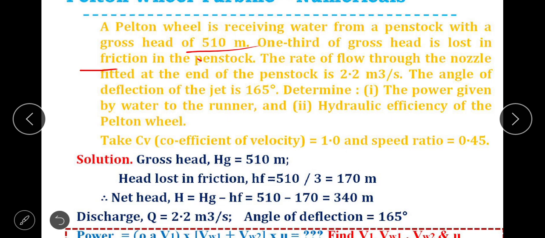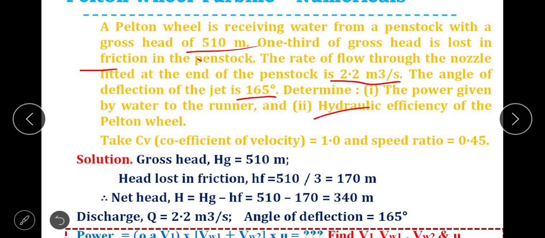The rate of flow through the nozzle fitted at the end of the penstock is 2.2 meter cube per second. The angle of deflection of the jet is 165 degrees. Determine the power given by the water to the runner, hydraulic efficiency of the Pelton wheel.